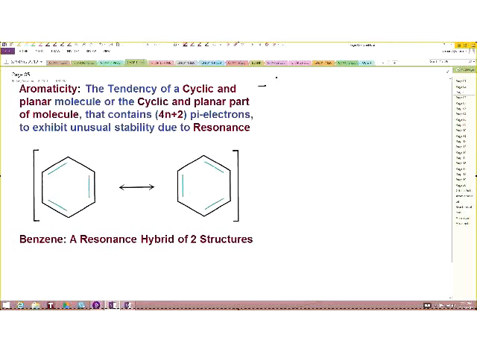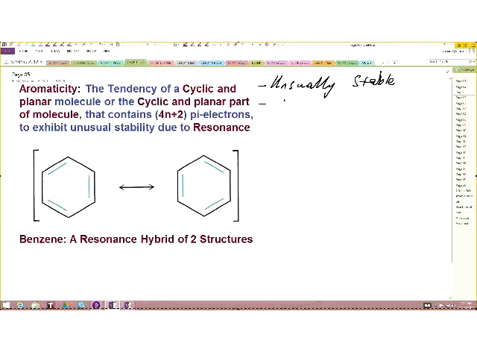First, the molecule will be unusually stable. When we say unusually stable, that is compared to similar molecules. I will tell you what we mean by that shortly.